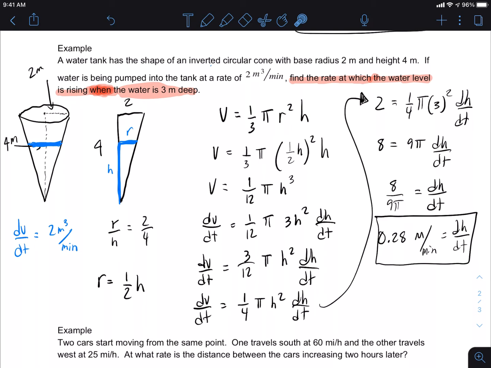Let me show another example. I think this might be my last example. It is. And then I'll go over some homework questions you guys might have. Okay. So we'll have a good chunk of time to go over some homework questions.